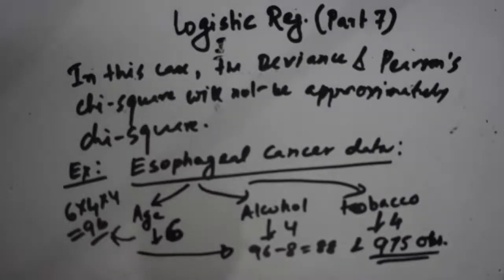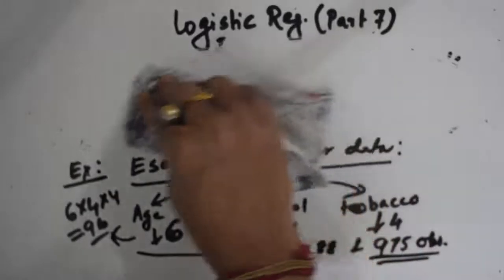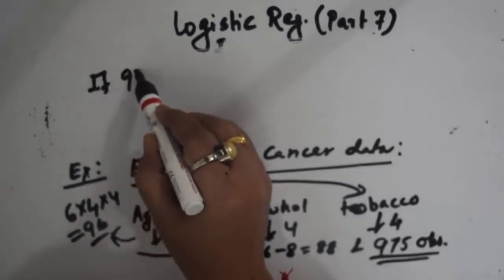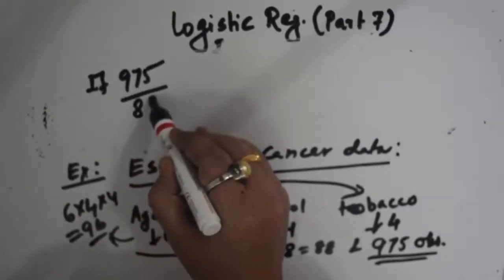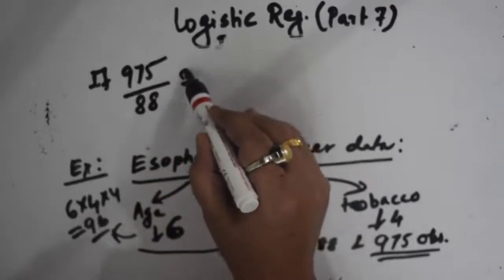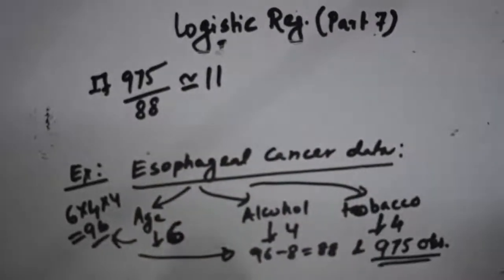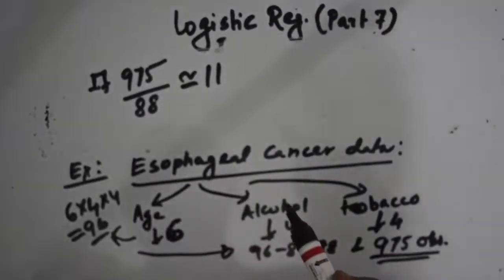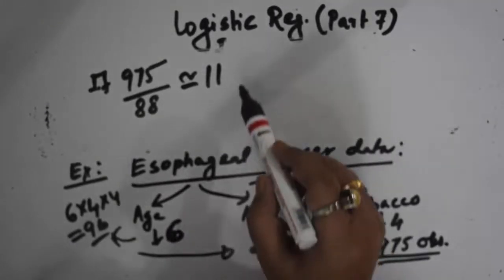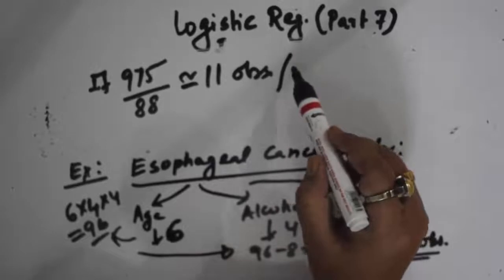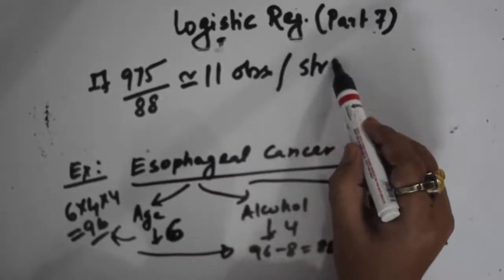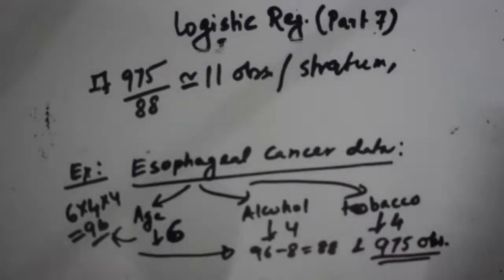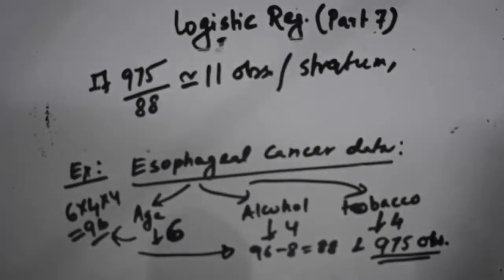Then this is approximately 11, so if we have 11 observations per stratum or group, then this appears to be a good number.